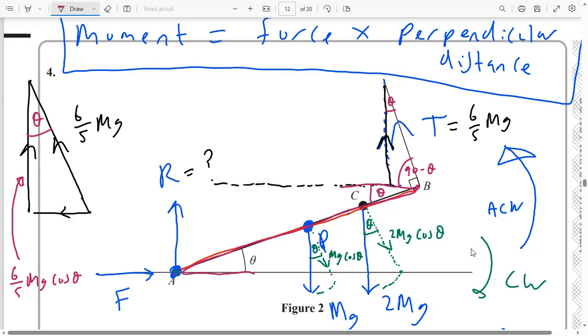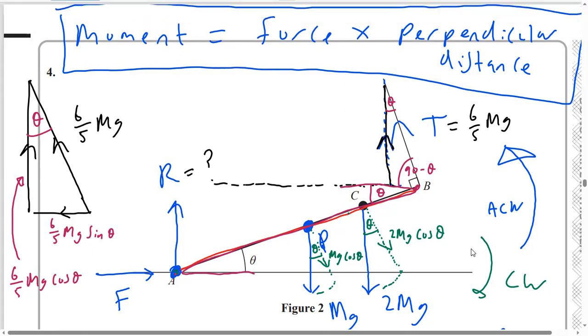And this one down here is obviously going to be 6 over 5 mg sine theta, because remember, sine is opposite over hypotenuse. So the component opposite to the theta will be 6 over 5 mg sine theta instead. Okay, so now we know the upwards components of the forces on our rod is R, and then plus this 6 over 5 mg cos theta.